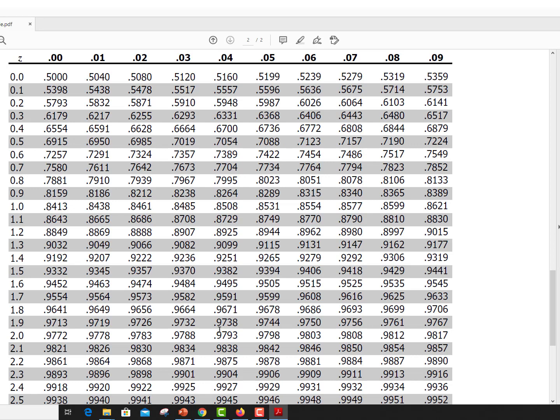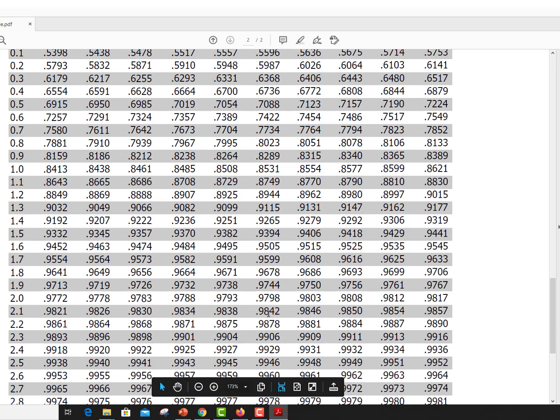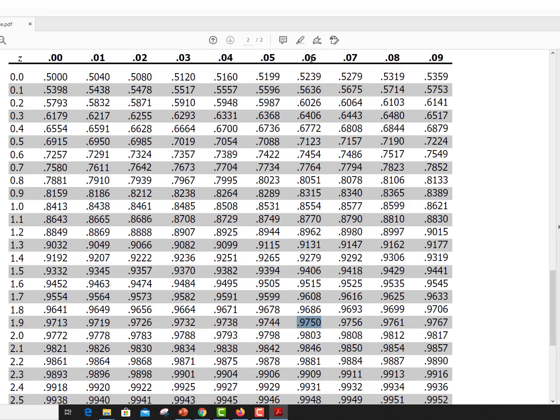So where is 0.975? This is the 0.975, and which Z value represents this? 1.9, and at the second decimal place it is 6. So the value 1.96 represents 0.9750. So we will write the Z value 1.96.